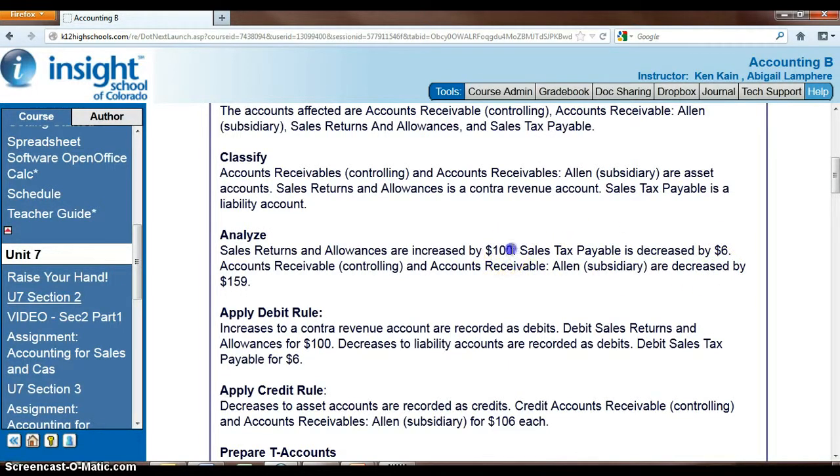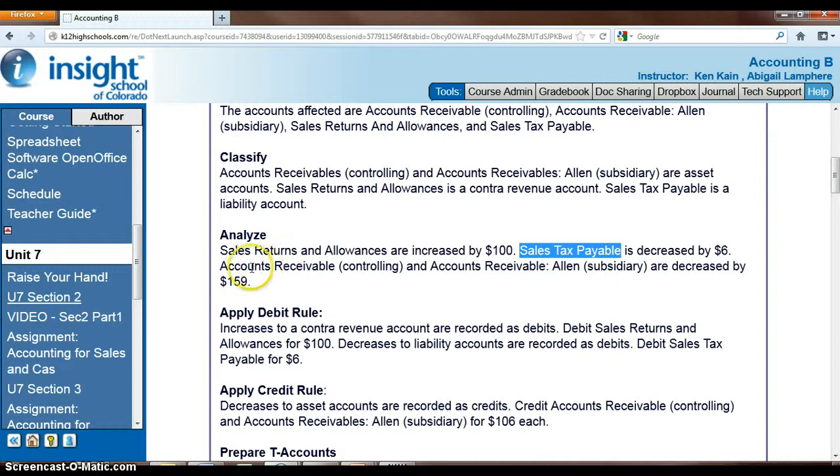So we're putting that $100, which increases our sales return account, okay? So we're increasing our sales return by $100, and then that $6 he put towards sales tax, we're going to then decrease our tax payable account by that amount.